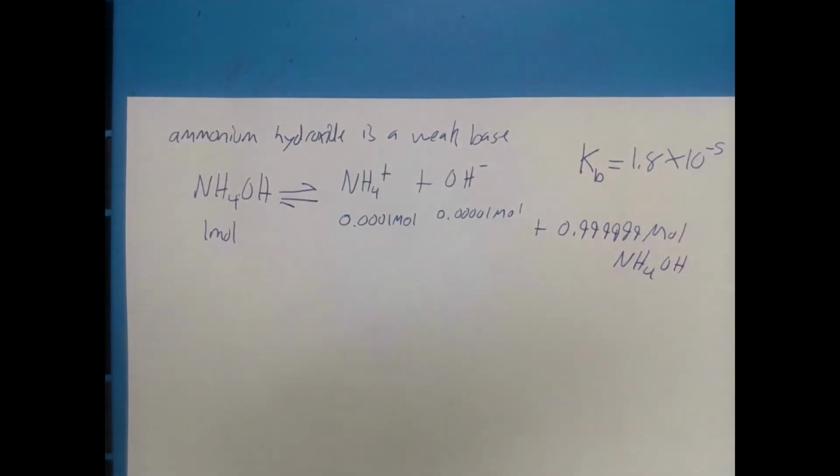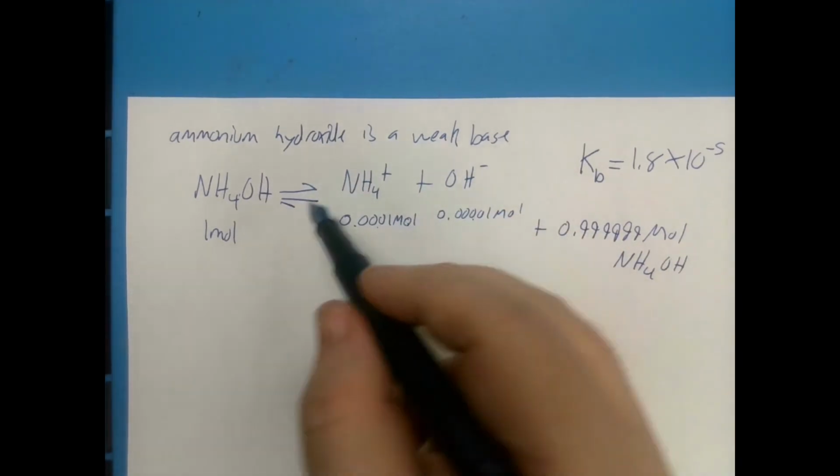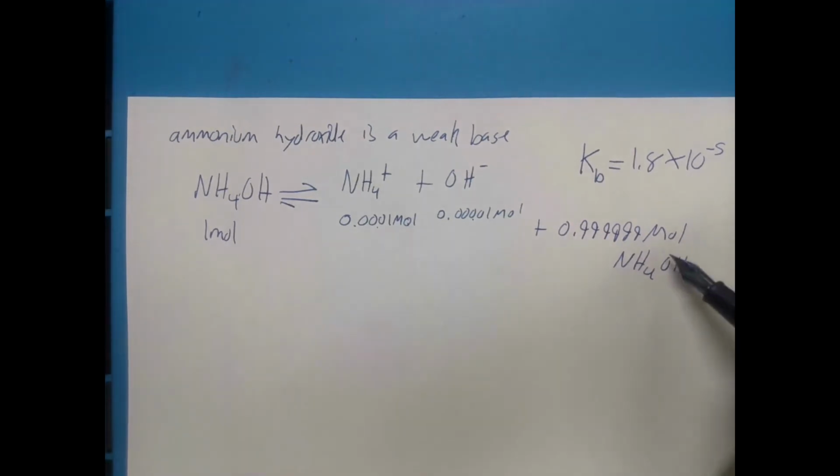Does that make sense? So if this is a weak base, only a small percentage of it actually converts into ions, while most of it stays as molecules. Not everything dissociates in water.